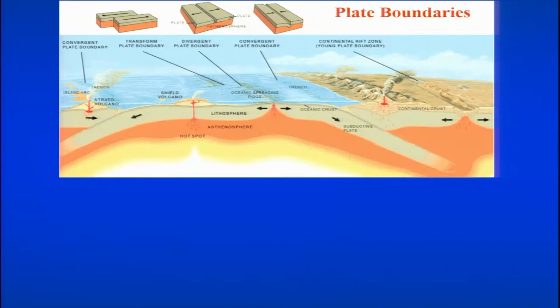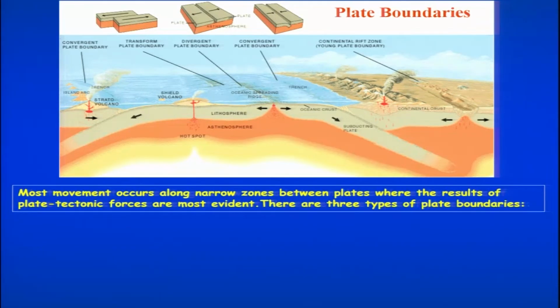Now, plate boundaries, as I was discussing, we can classify into three major categories: convergent, transform, and divergent plate boundaries. Most movement occurs along narrow zones between plates, where the results of plate tectonic forces are most evident.